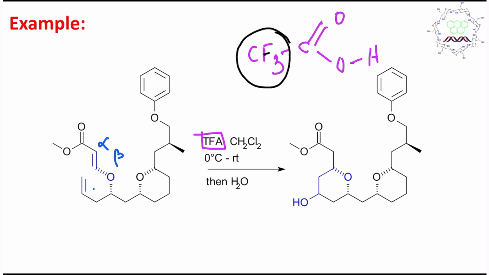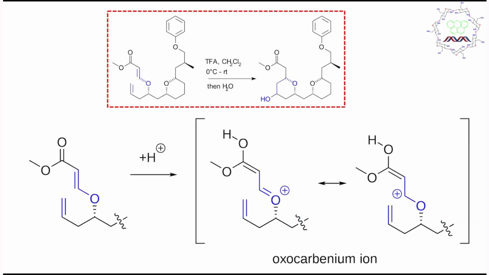So this is the protonation, and after protonation the contribution of this canonical form increases. That's how you can get more positive charge density at this carbon. In this way you are generating the carbocation.